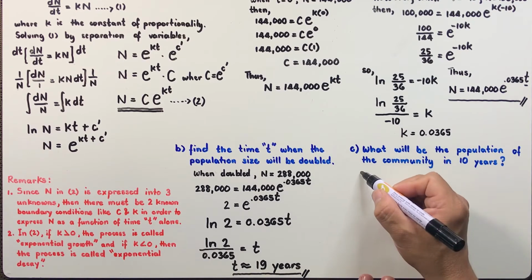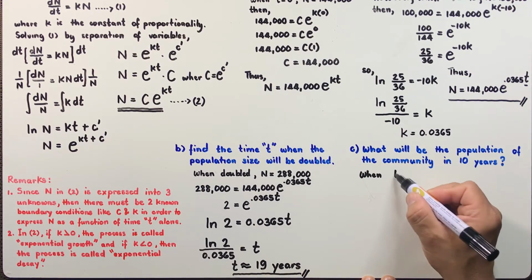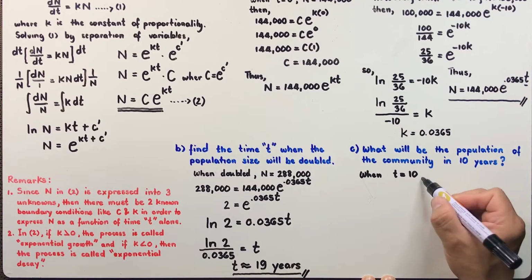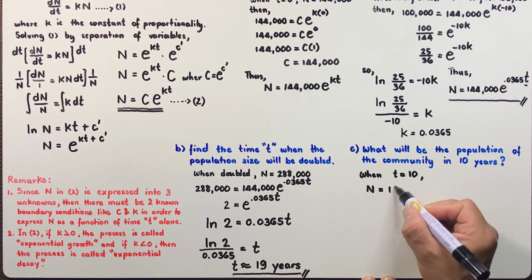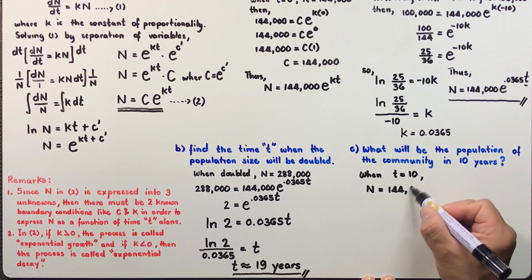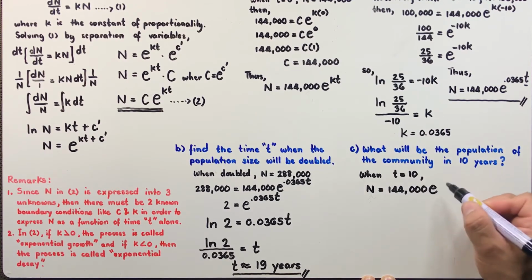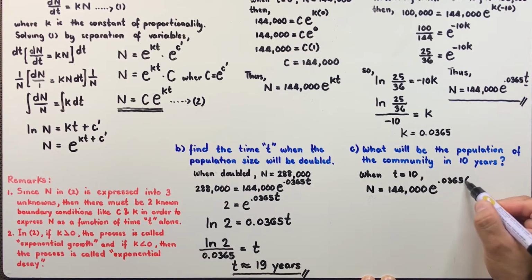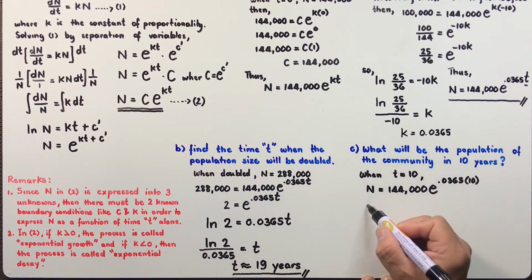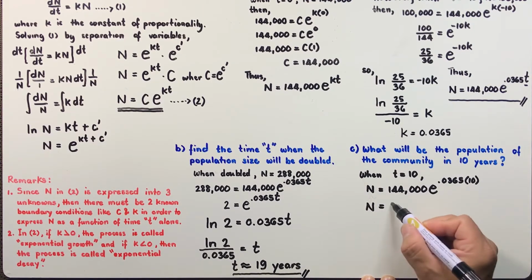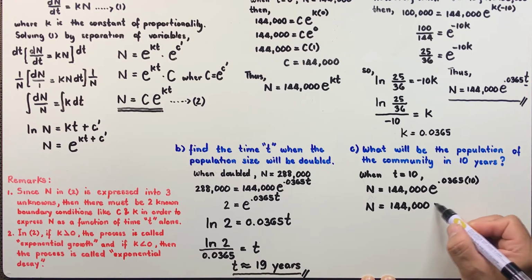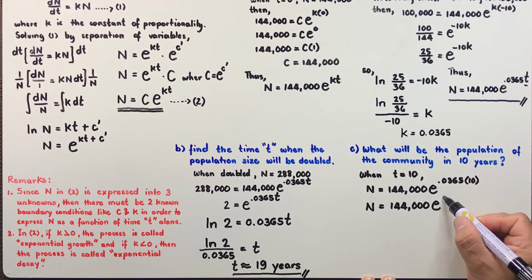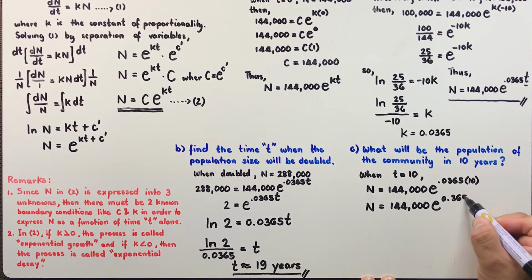So here we will substitute when t is equal to 10. So we have big N, which is equal to 144,000 times e to the power of 0.365 times t, which is equal to 10 years. So big N is equal to 144,000 times e to the power of 0.365.